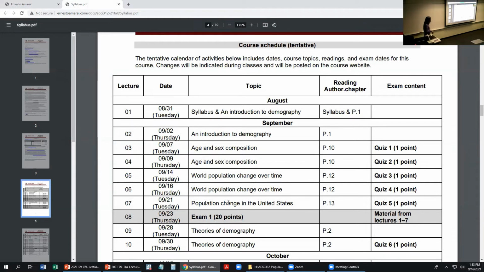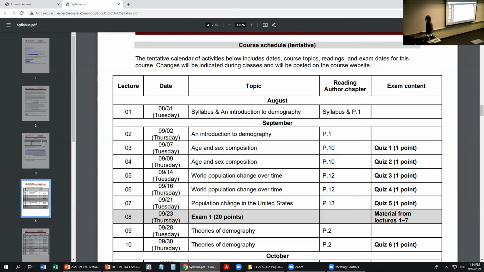And then one week from now, we will have our first exam, right? One week from now, we don't have the in-person class here. The exam can be taken from anywhere on the computer with internet access on campus, okay? But just remember that one week from now, we will have our first exam.